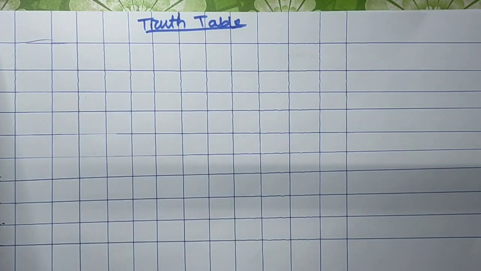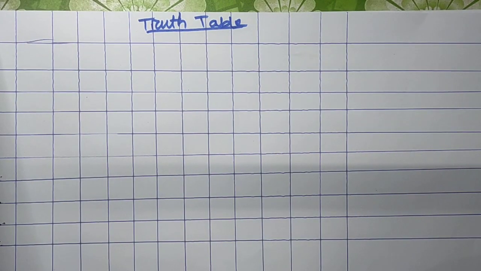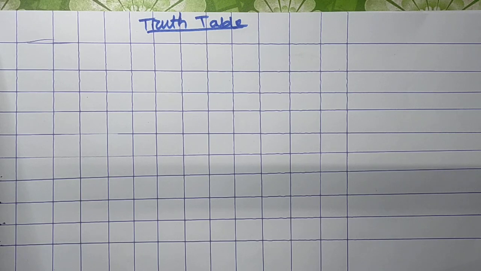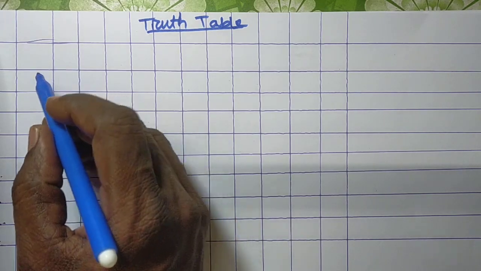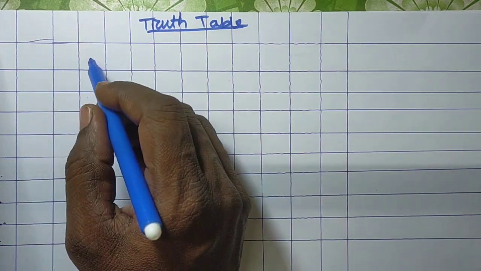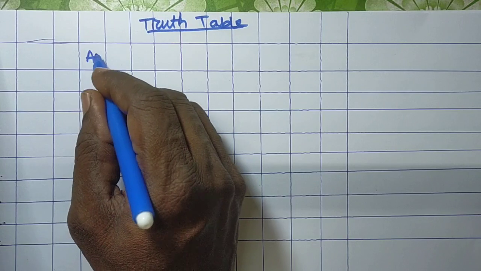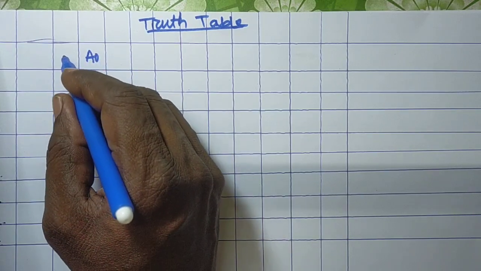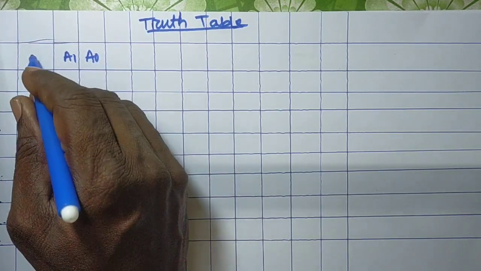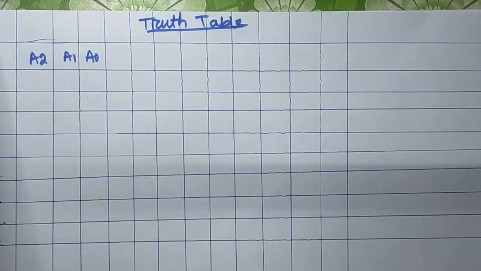How to draw the truth table? You see we consider 3 inputs, written in this manner: here A0, here A1, here A2.